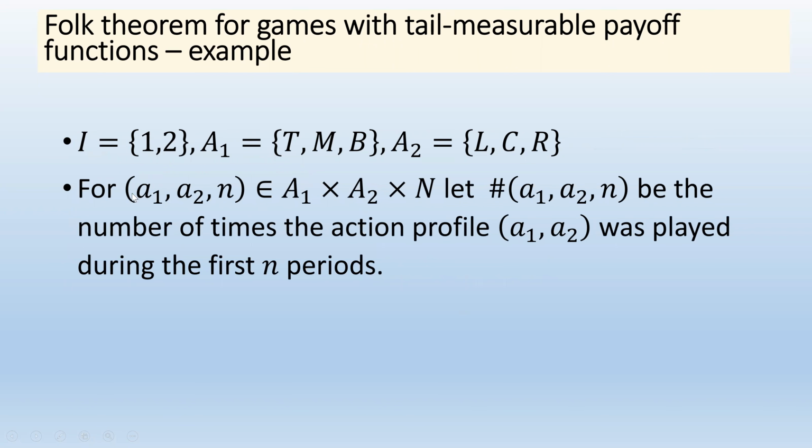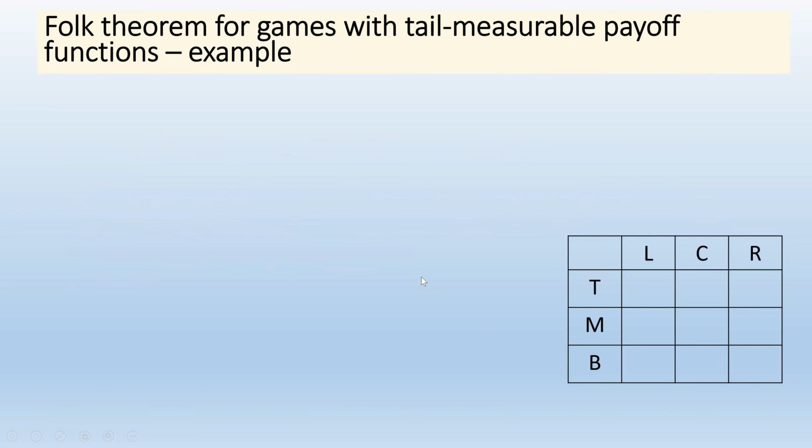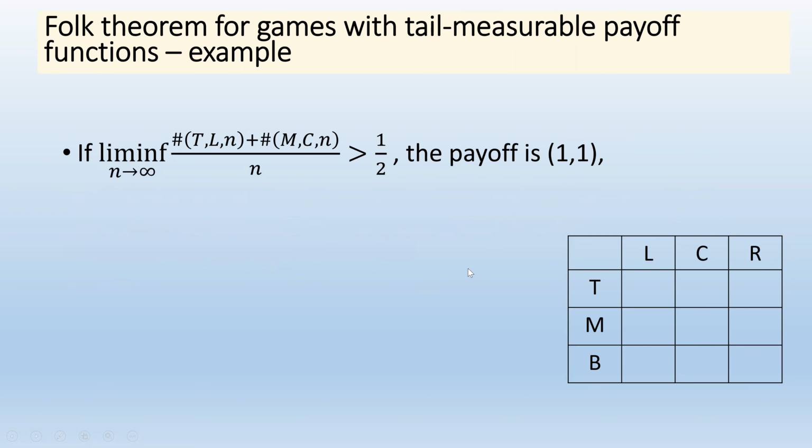And we have a small notation for an action profile (A1, A2) and a number n. We denote #(A1, A2, n) to be the number of times the action profile (A1, A2) was played during the first n periods. So you can guess it's going to depend on the frequency of using different action profiles. And these are the details of the payoffs.